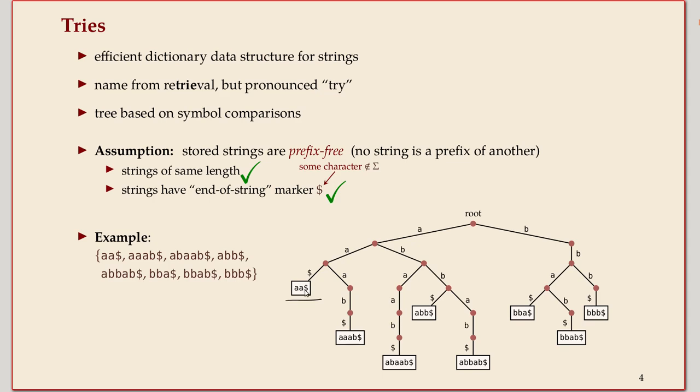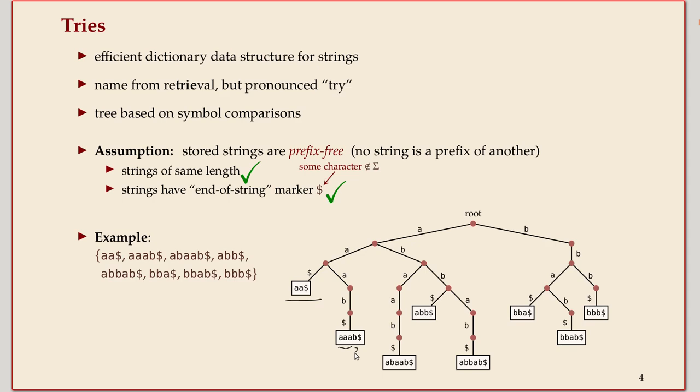But once you have these leaves, you can go back to the root and follow this path down. Maybe let's take an example where it's not symmetric. If you walk down to this guy, you read from the root A, B, and then the end of string marker, and that's exactly the word. A, B, end of string. All right?